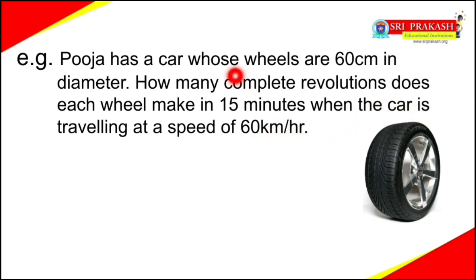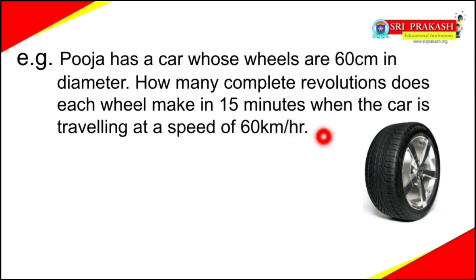Children, in this problem, the diameter of a wheel is given as 60 centimeters. Next, the speed of the car is given as 60 kilometers per hour. We need to find the number of revolutions made by the wheel in 15 minutes.